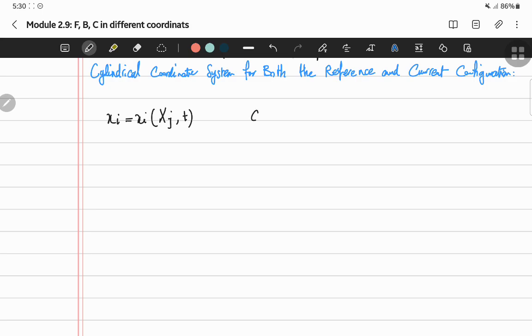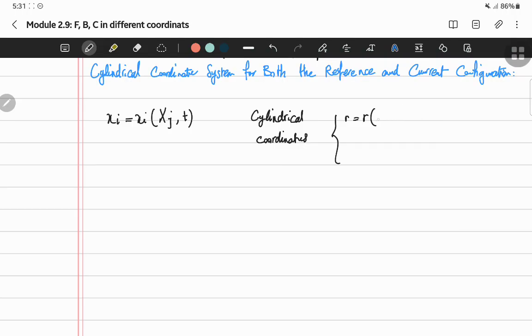So for the cylindrical coordinate system, we have r equal to r of capital R, capital Theta, and capital Z, for example.